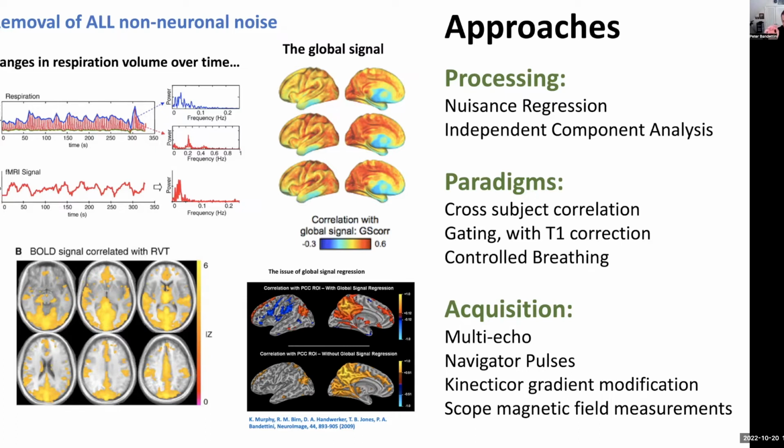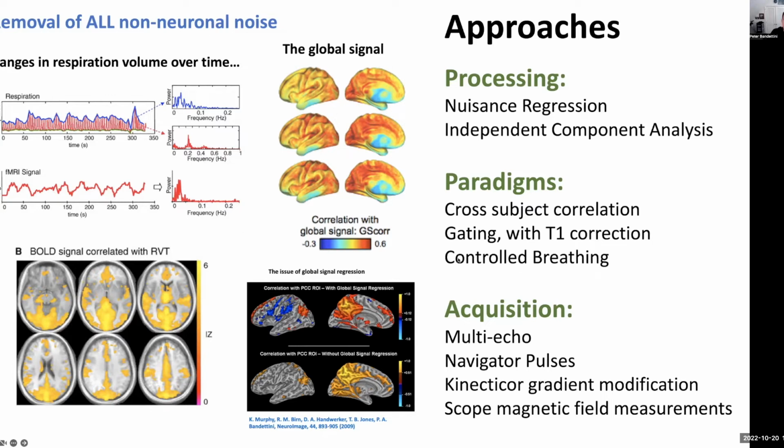If you want to make sure it's in the same spot, you have to gate. And if you gate, because your heart doesn't beat perfectly evenly, you'll have magnetization related to T1 that varies all over the place, so you have to do what's called a T1 correction for that. This isn't very common, but I think for certain things at the base of the brain, it might be important to do.